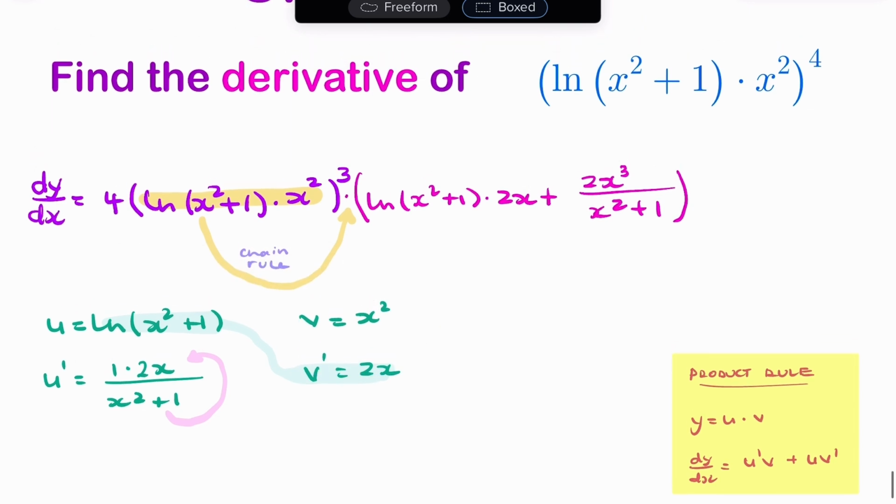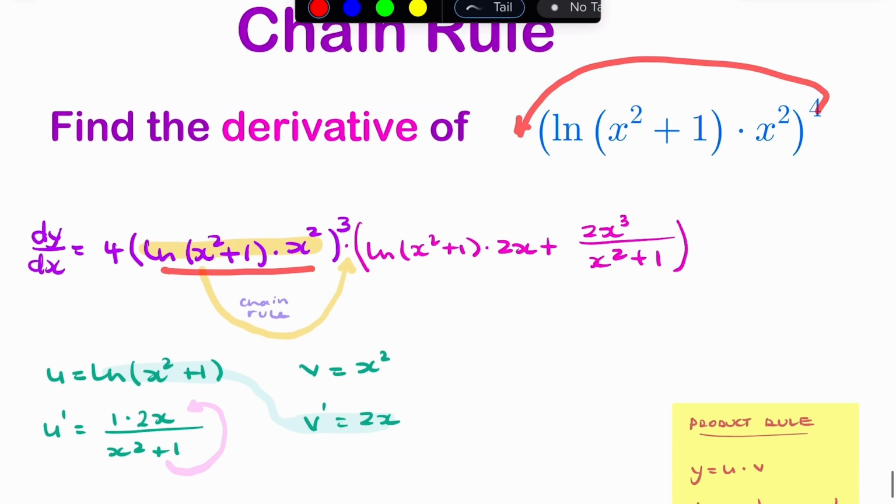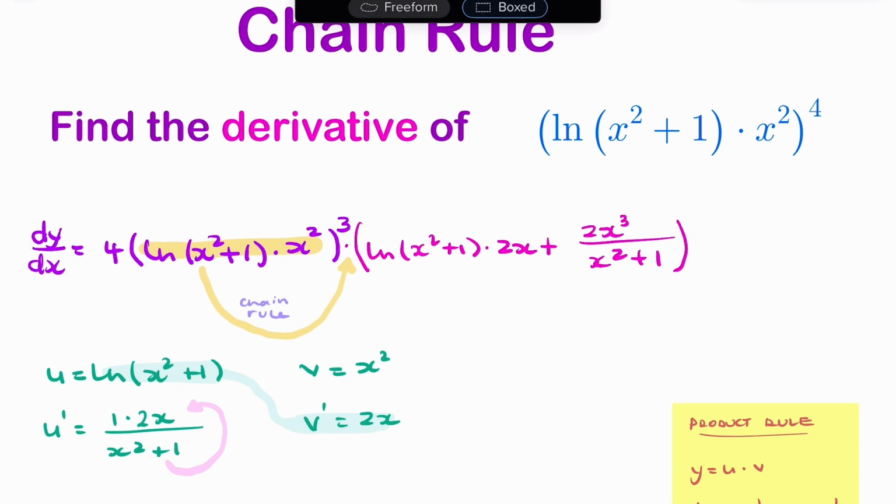Now I don't think I've finished, because what we've done is we've brought down the 4, multiplied without changing, then I've subtracted 1 from the power, then I've multiplied by the derivative of the bit between the brackets. But is that it?